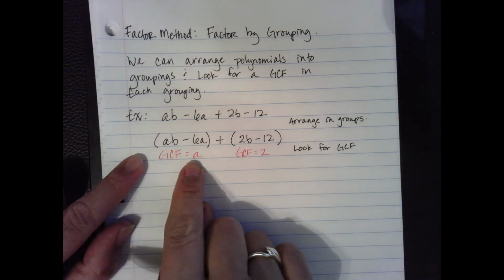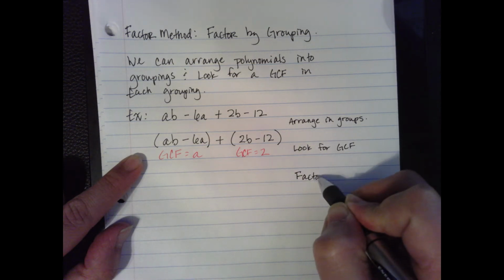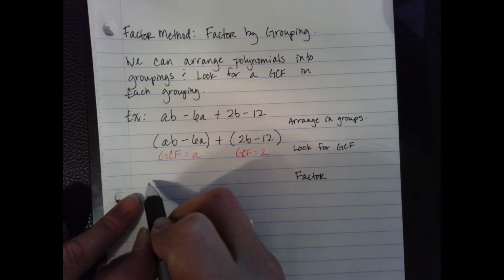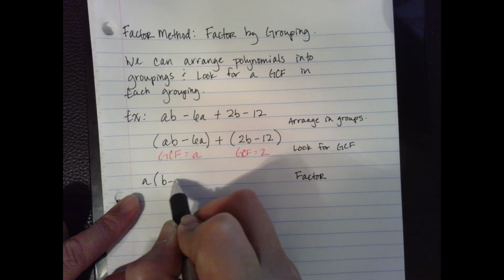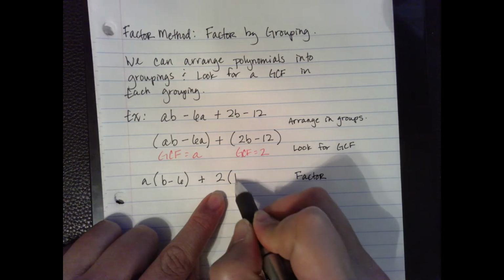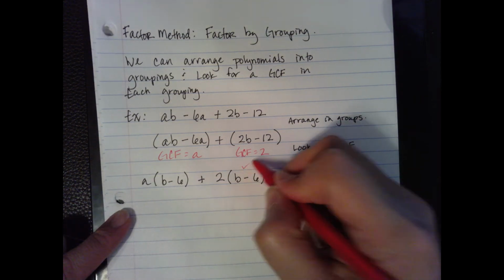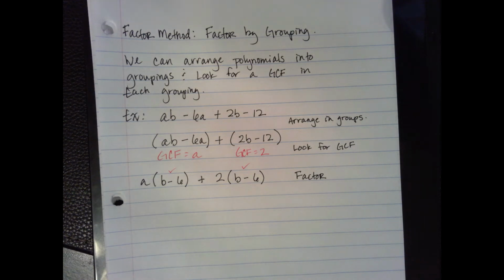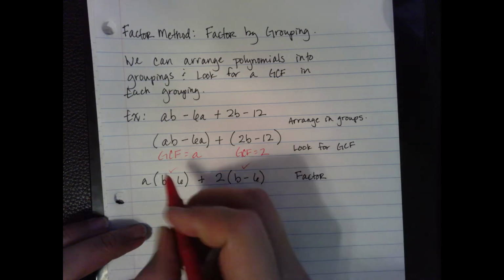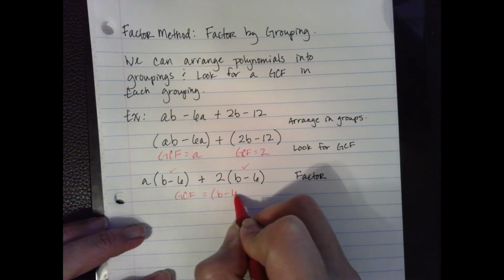So I'm going to pull my GCF out front. My first term, I'm looking at a times b minus 6 plus 2 times b minus 6. These are identical inside the parentheses. That's what we're hoping for. Now, for my polynomial, my GCF is a set of parentheses, b minus 6.